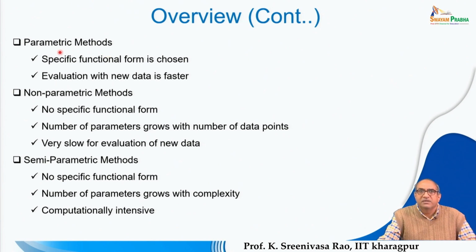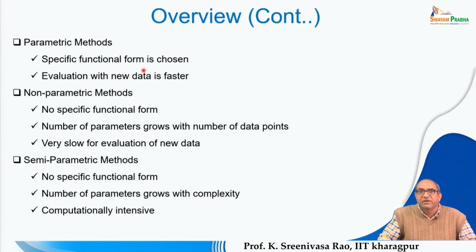What we do is assume or consider some functional form, some function, and then we try to estimate the parameters of that function in an optimal way based on the given data. So, some specific functional form is chosen, and then by observing the data we try to maximize that function.